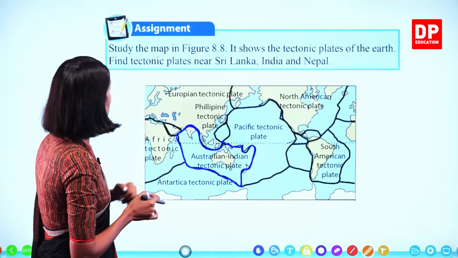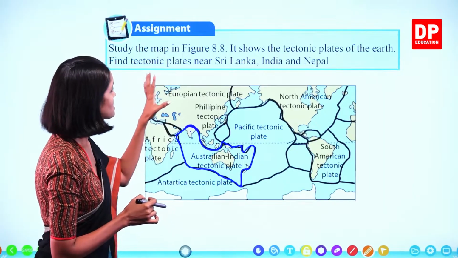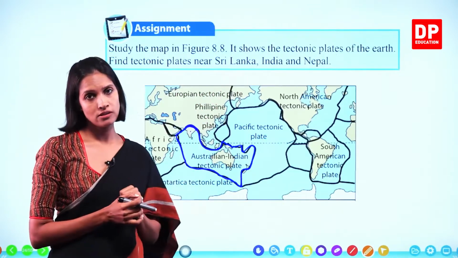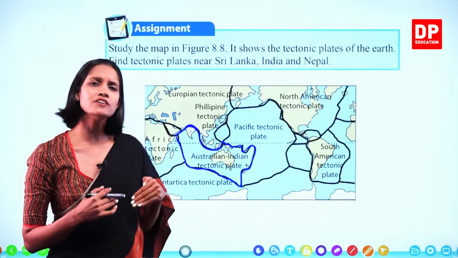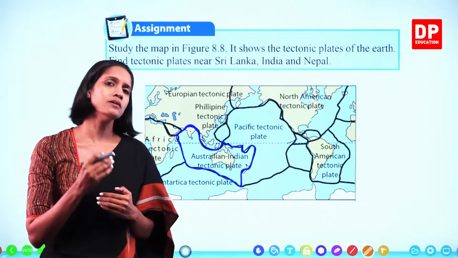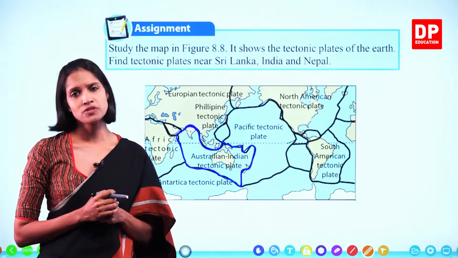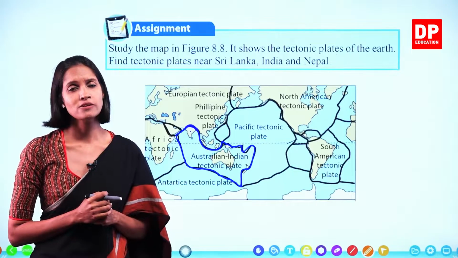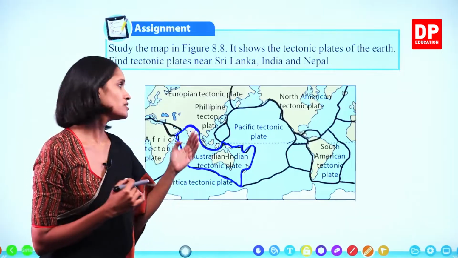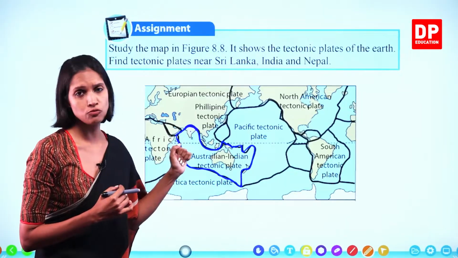So when you consider these three countries, Sri Lanka, India and Nepal, do we experience many earthquakes? We don't. Once in a while, we sometimes experience minor earthquakes. What about India? India also does not experience that many earthquakes.